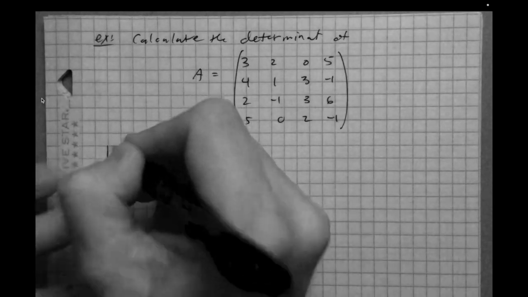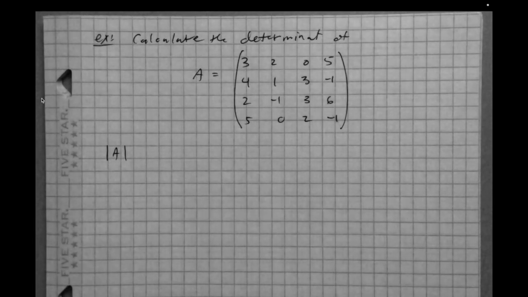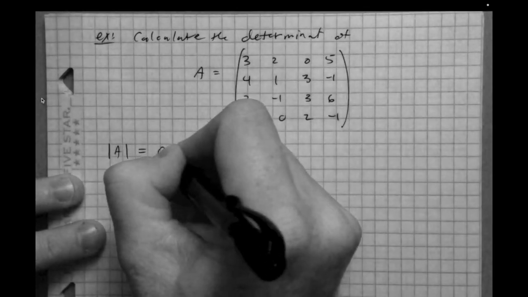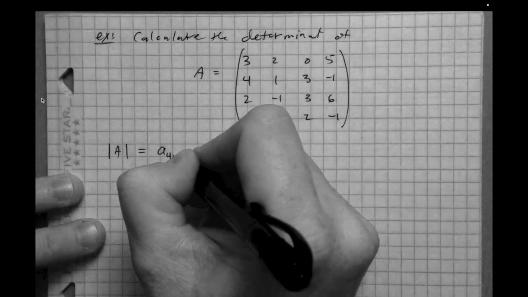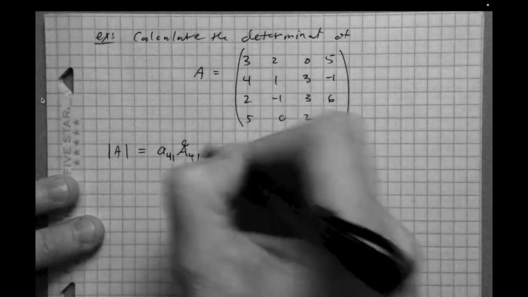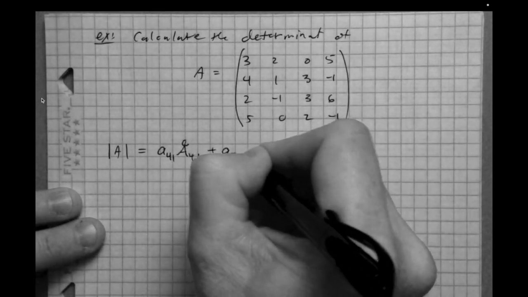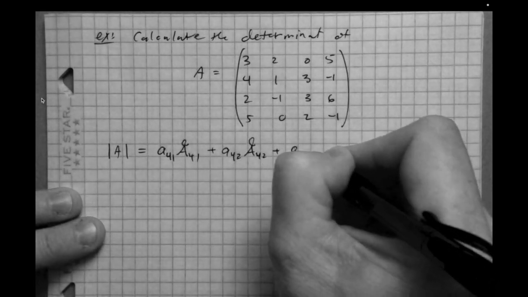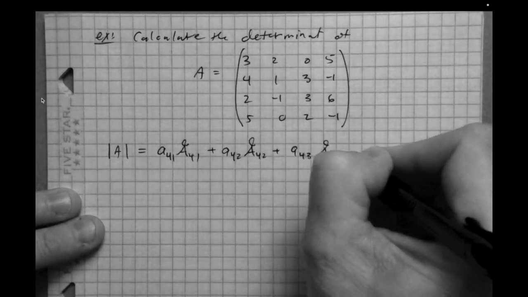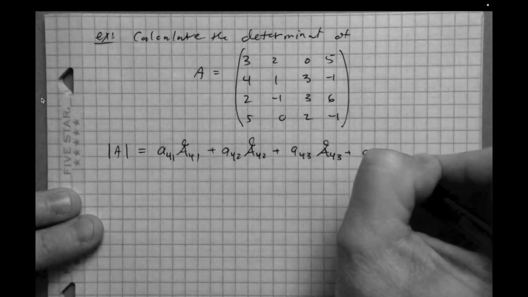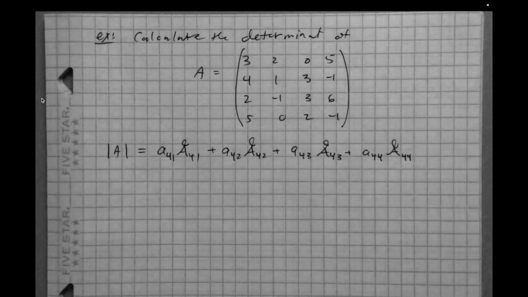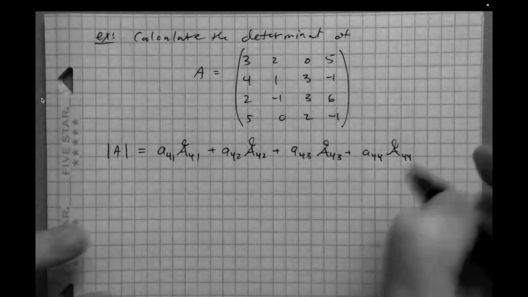Okay, so the definition is the determinant of A equals A41 times script A41 plus A42 times script A42 plus A43 times script A43 plus A44 times cofactor A44. All right, and so we can write this out.